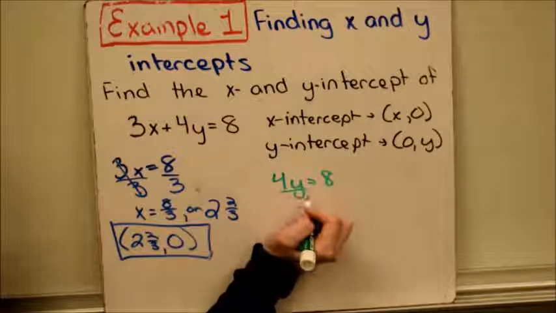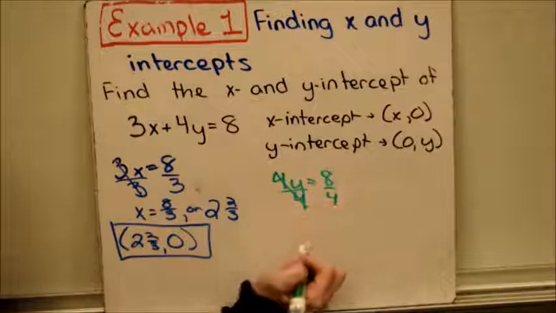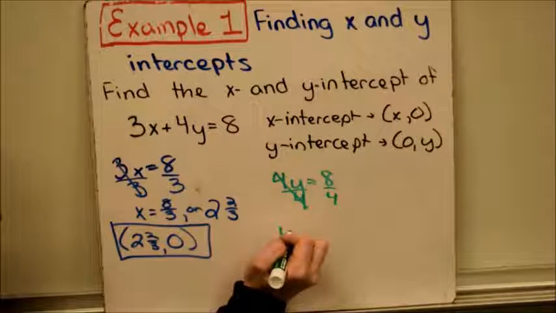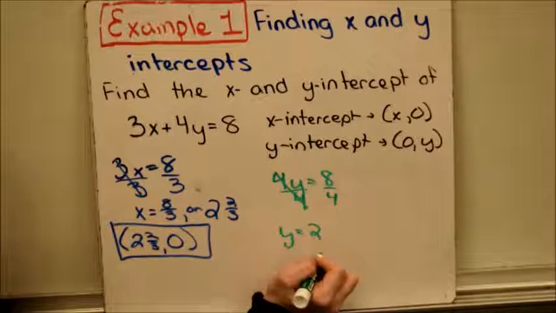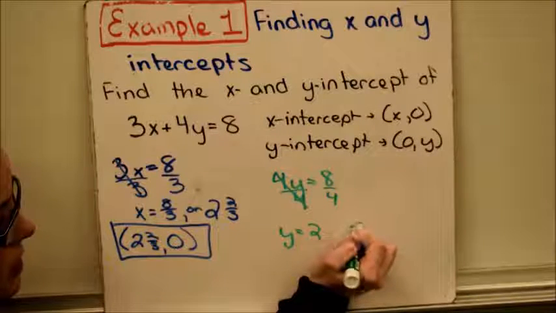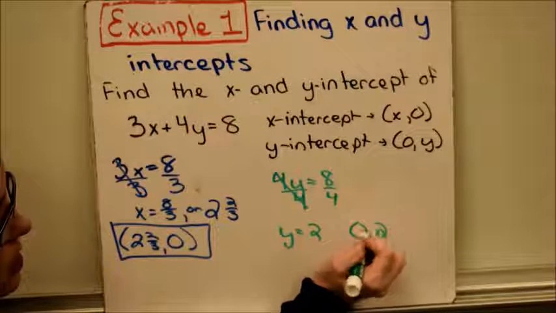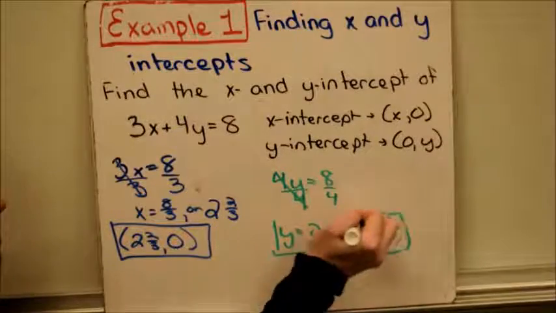If this is 4 times y, we're going to divide by 4 to cancel it out. Y equals 8 divided by 4, which is 2. And if we wanted to write that as a coordinate point, we could: 0, 2. And that would be our y-intercept.